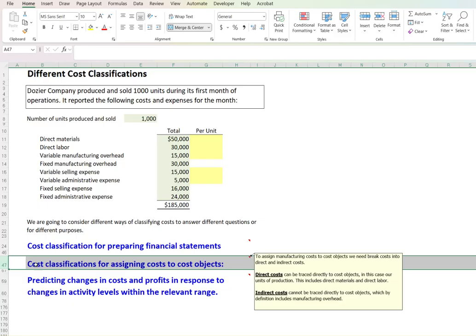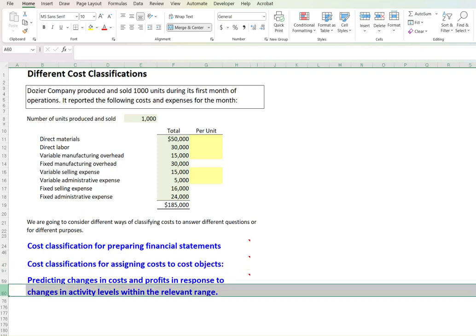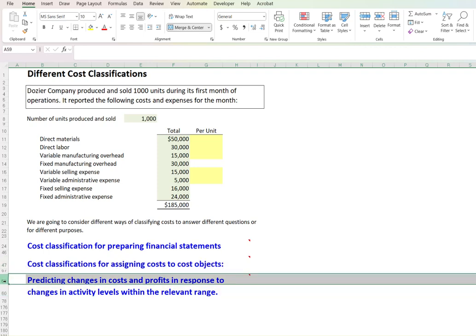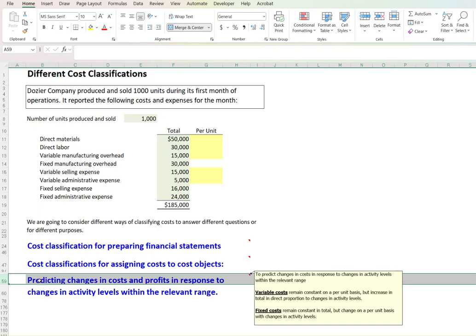Another way we might want to consider our cost is to predict how our costs and profits might change in response to changes in our level of production. And to do that, we need to isolate and break down this $185,000 by behavior, either variable or fixed.